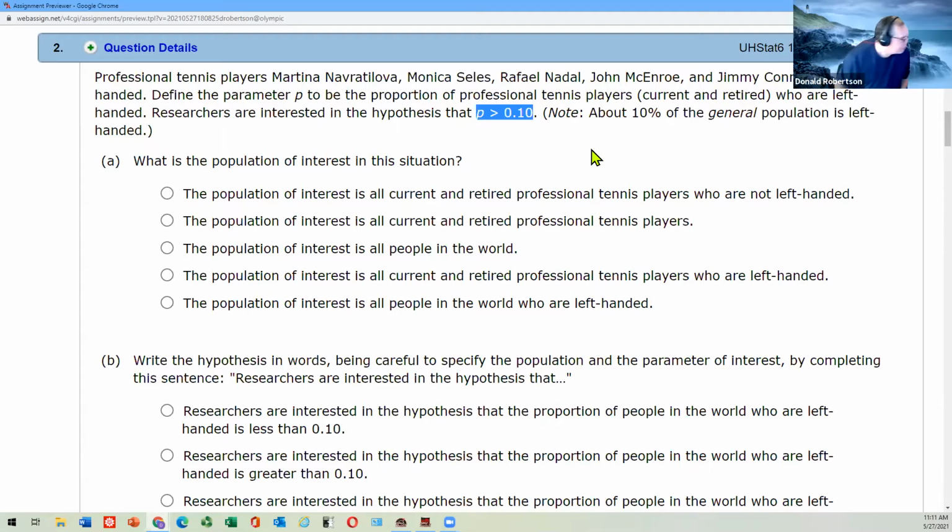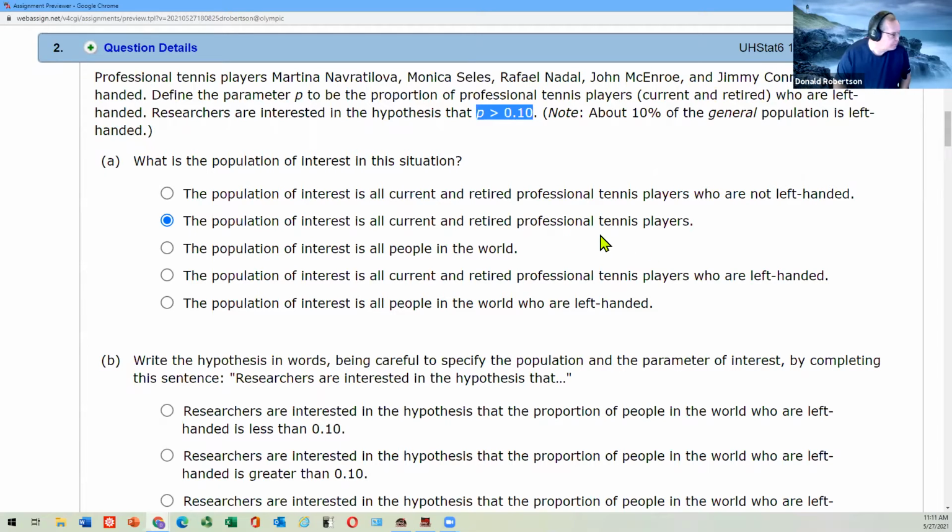Okay. So what is the population, right? We're looking at population here, and it's one of these choices. I've got my answer here, and it's that one. We're not interested in people in the entire world. This has to do with tennis players in general, retired or not, being professional.